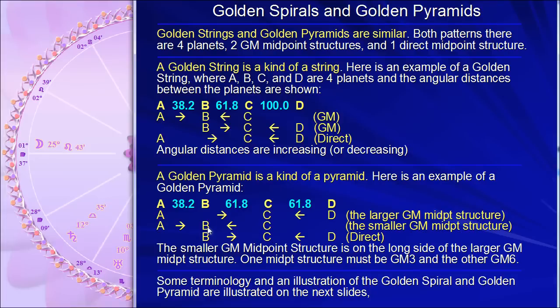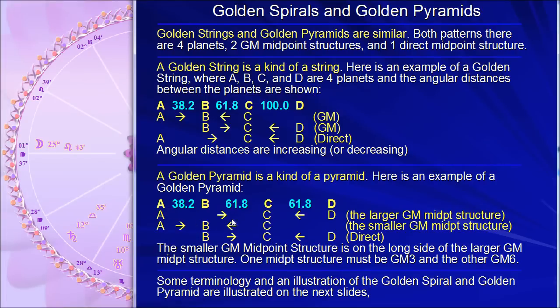And the golden mean midpoint structure has to be in the opposite direction from the big one. So one has to be a GM3 and the other a GM6. So in other words, going from left to right, C is a GM6 golden mean between A and D, meaning it's the 0.618. It's the long way, but notice A to C is the short way.